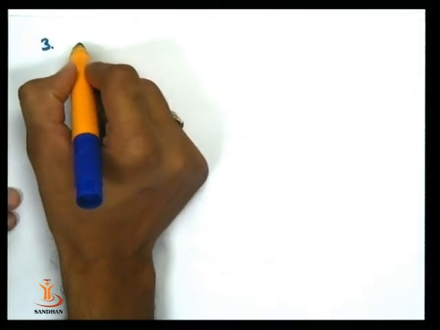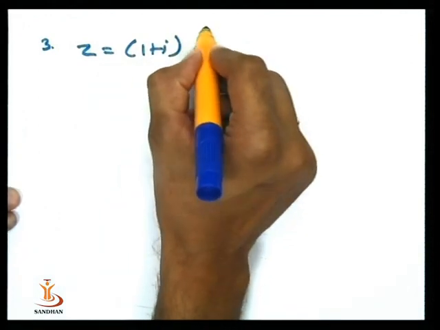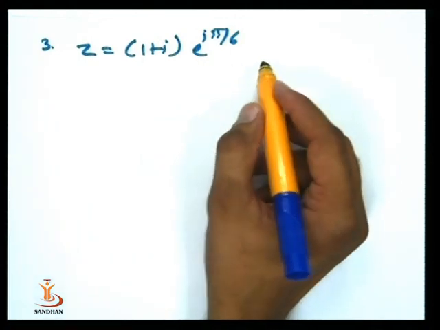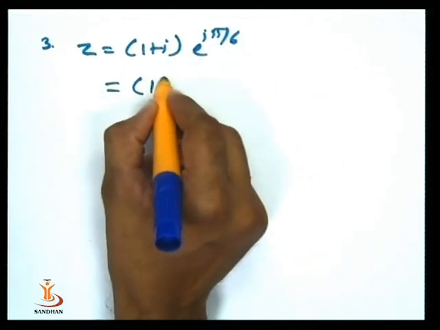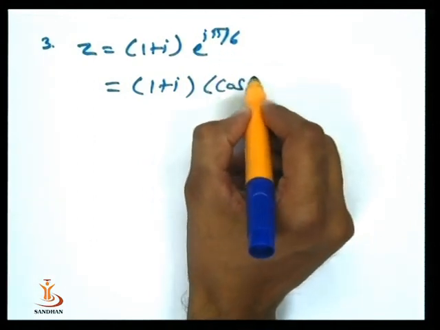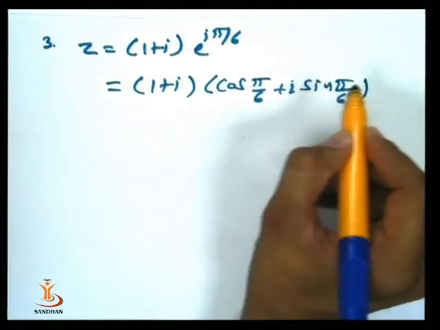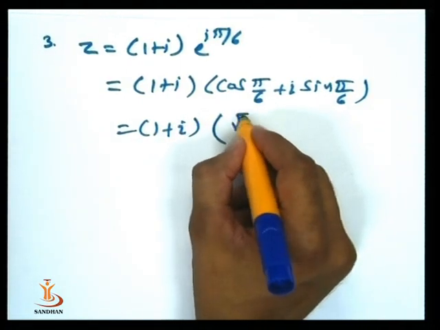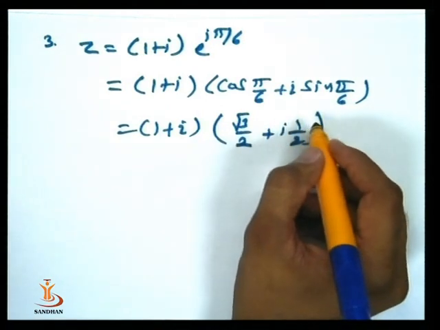Z equal to 1 plus i times e raised to i pi by 6. Suppose we want to find the modulus and argument of this complex number. First we will simplify e raised to i pi by 6. This is the exponential form of complex numbers, so this is nothing but cos pi by 6 plus i sin pi by 6. Cos pi by 6 is root 3 by 2, and sin pi by 6 is 1 upon 2.